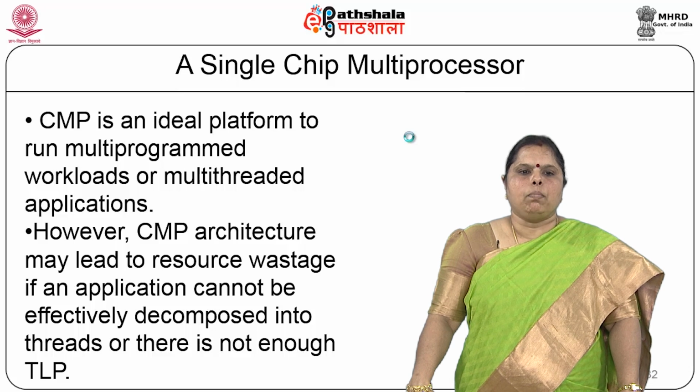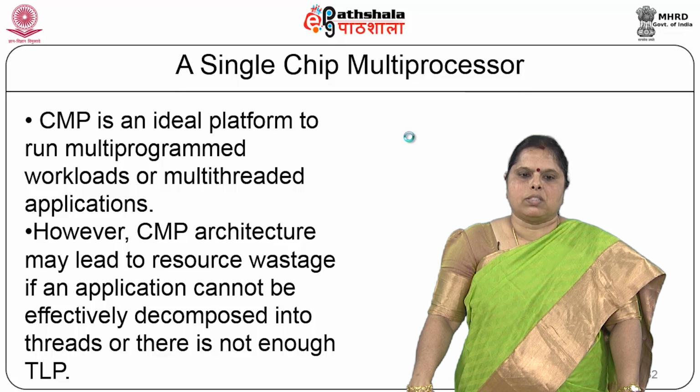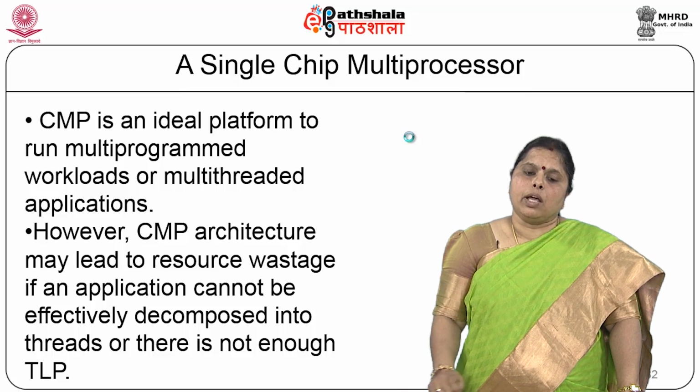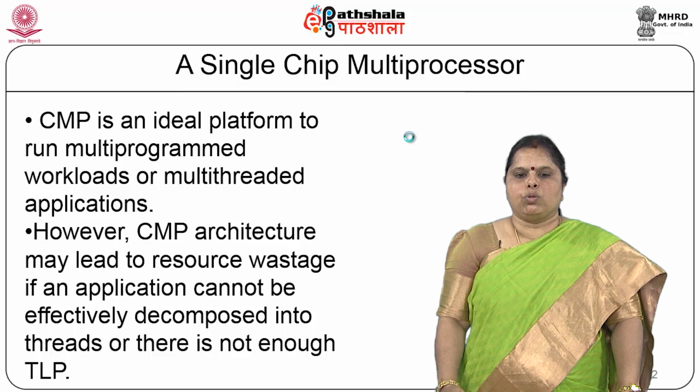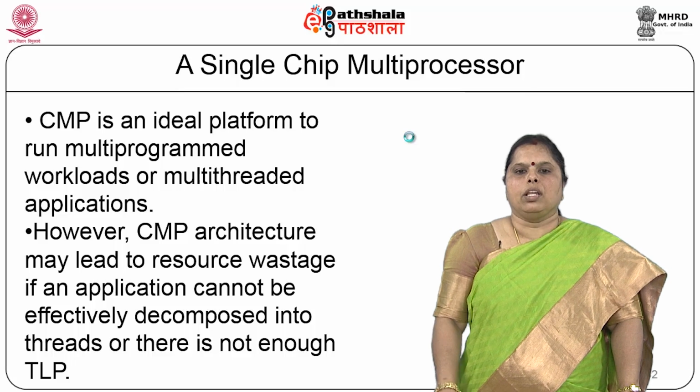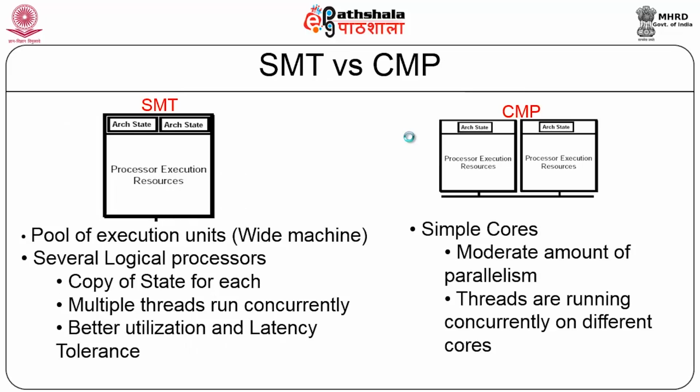CMP is an ideal platform to run multi-programmed workloads or multi-threaded applications. However, CMP architecture may lead to resource wastage if an application cannot be effectively decomposed into threads, or there is not enough TLP to be exploited in the application.